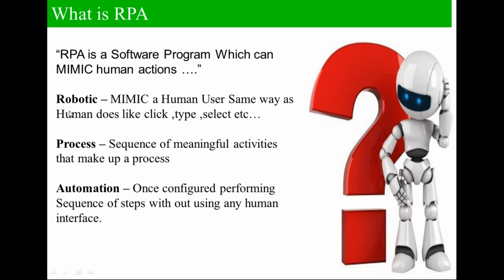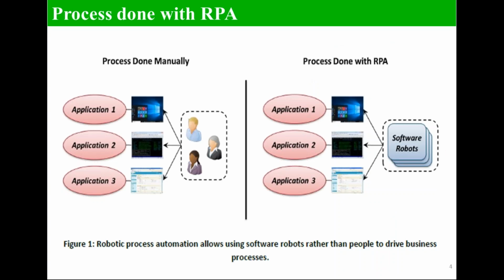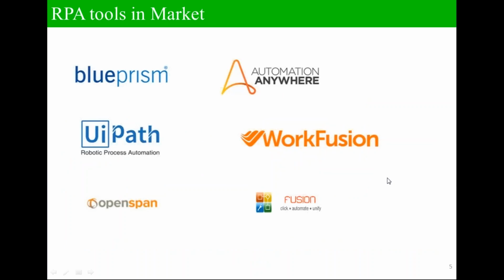It is called a robot because it interacts with the system in a similar manner to how a normal human being does. If we take a process done with RPA, the manual resources are doing it, and the same activity our software robots will do here.